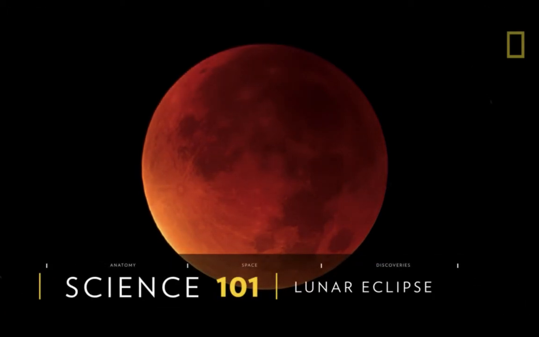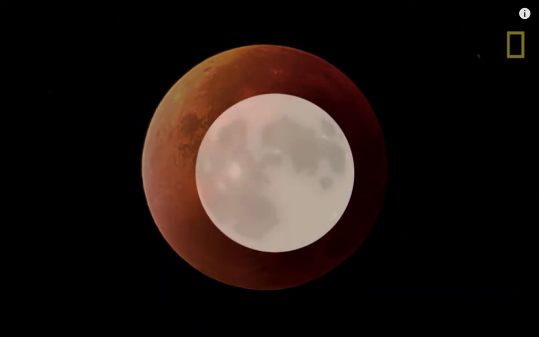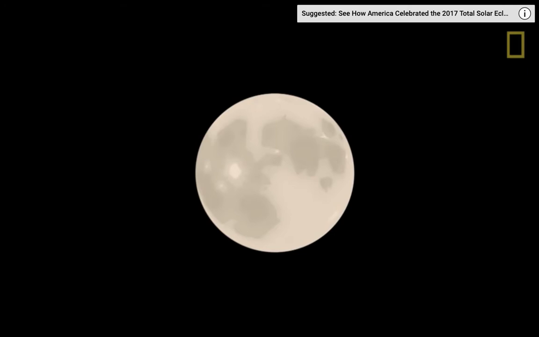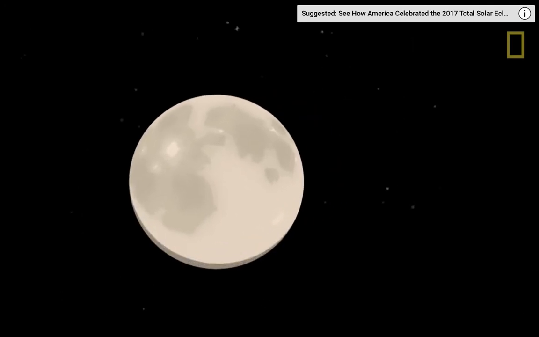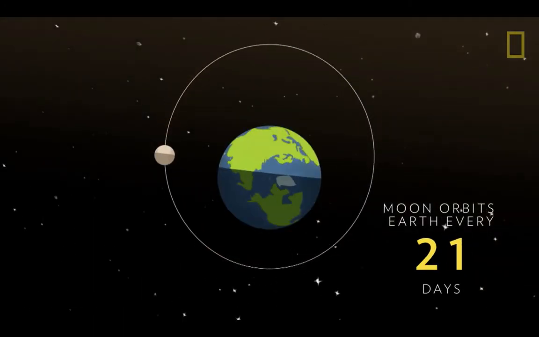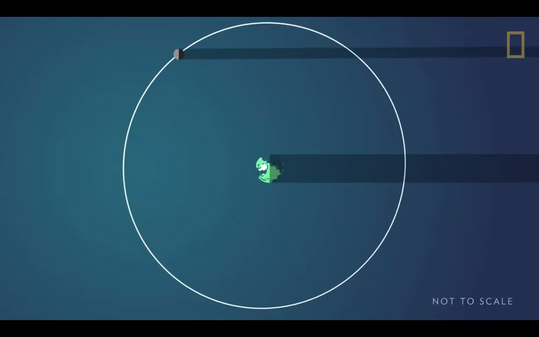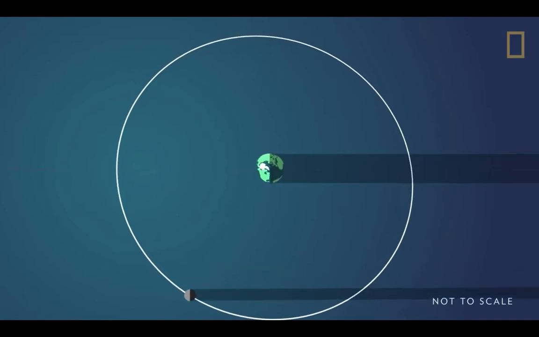A lunar eclipse happens when the Earth blocks some or all of the sun's direct light from reaching the moon. This cosmic event only takes place during a full moon, which happens once every 29.5 days, or the length of one full orbit of the moon around the Earth. So why don't we have an eclipse every month?